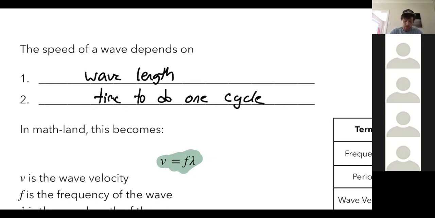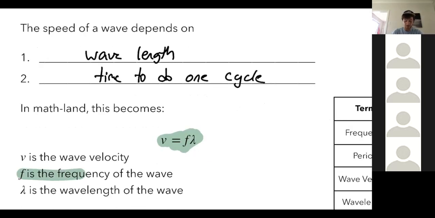Okay. Couple weird things. v is velocity, that's totally fine. f is the frequency. This might be a new term, but this is the frequency of the wave, and I'm going to talk about frequency in a second. And this upside down y thing, that is the wavelength of the wave. This is the Greek letter lambda.